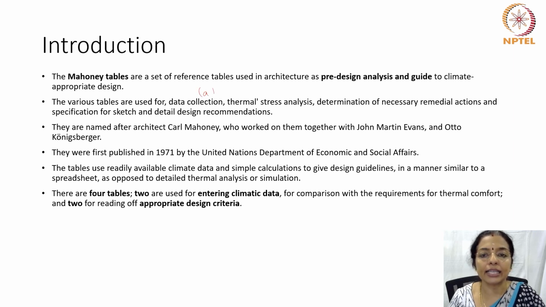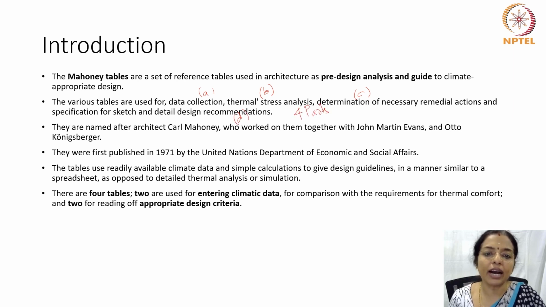Then there is thermal stress analysis. What happens at what temperature the people there would feel very warm, or at what temperature will it be determined as cold, the way we saw in our thermal comfort class. Then determination of remedial measures, and then design recommendations. So the Mahoney's table comprises of these 4 parts.